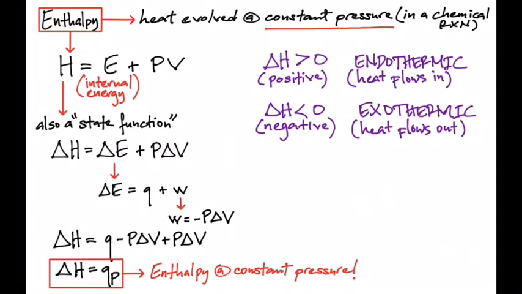When we have a negative delta H, then we have an exothermic reaction, meaning that heat is given off by that chemical reaction as a system. So let's say that you dissolve sodium hydroxide in water. Sodium hydroxide dissolving in water generally releases heat, and so that is an exothermic type of reaction.